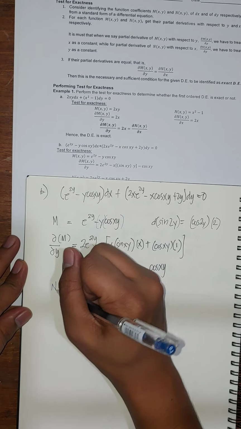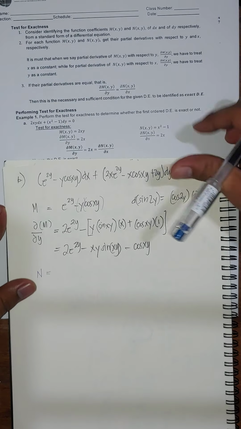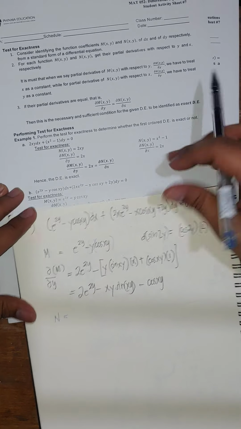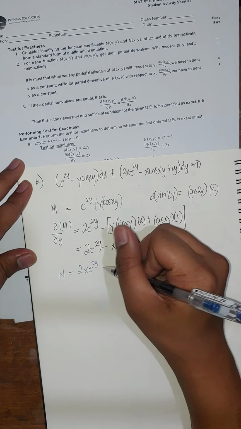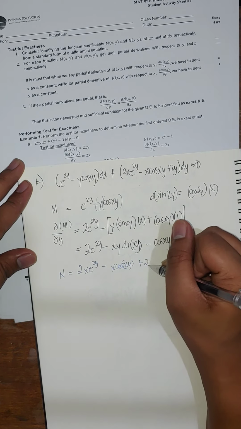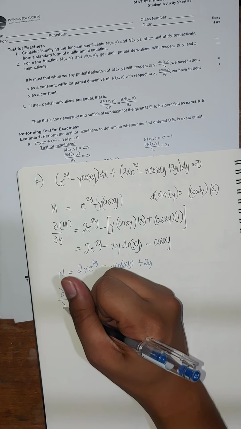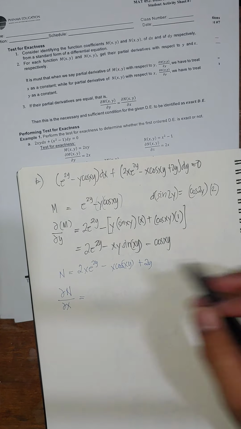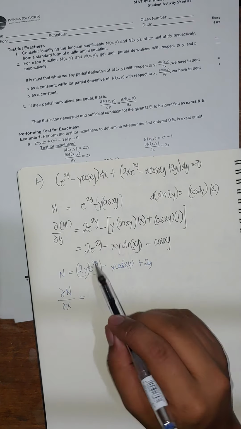Now for N, let's check if it is the same. Given here is 2x e to the 2y minus x cosine xy plus 2y. If we derive N with respect to x, we can again split it. The constant here is y.